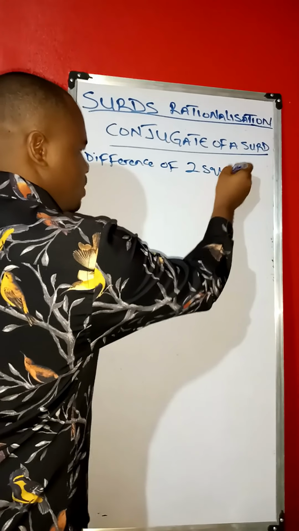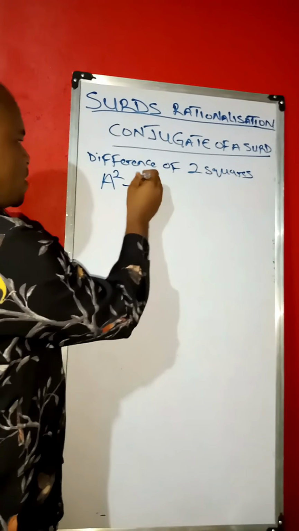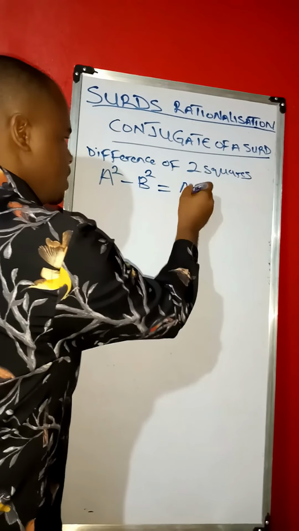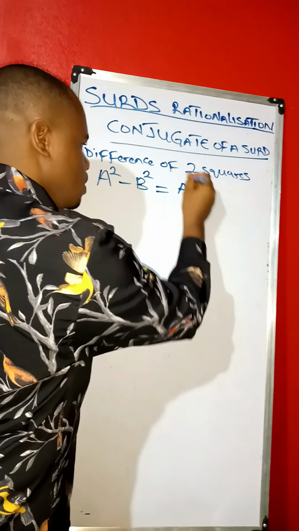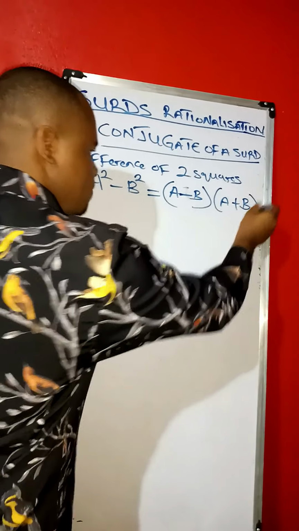Just recall, if you are given a squared minus b squared, it is the same thing as a minus b, open and close brackets, a plus b.